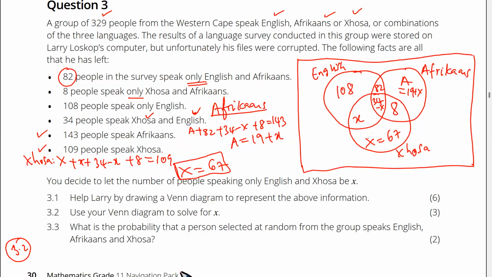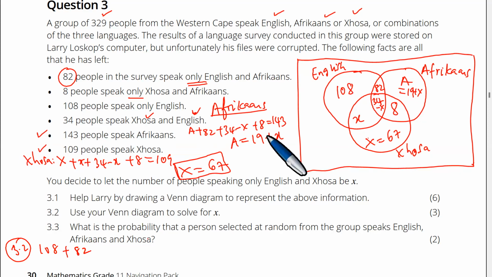Okay, so 32. So it becomes 108 plus. To get the X, we need to add everything. Everything here. So we add 108. Make sure you jump nothing. Plus 82.